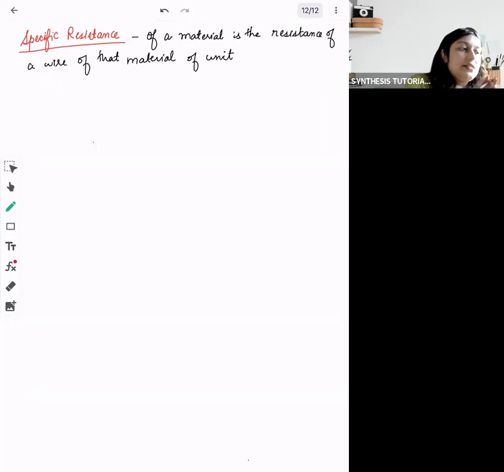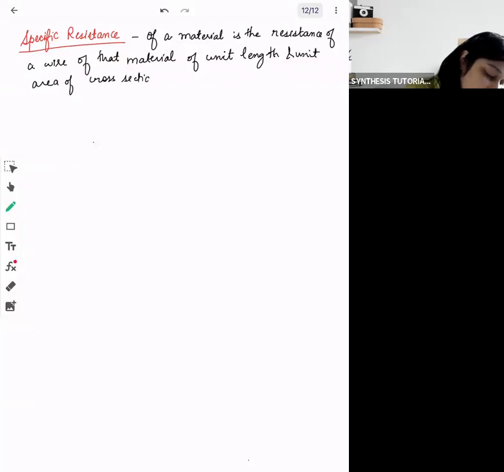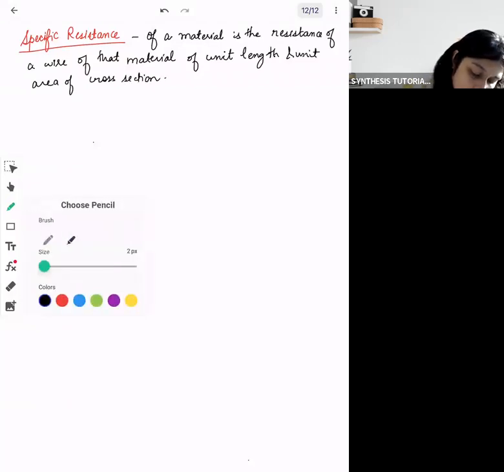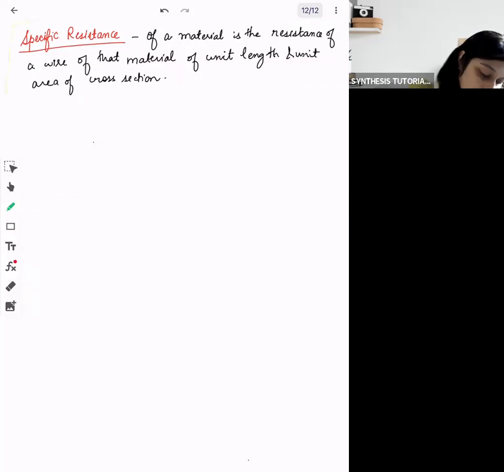So specific resistance is the resistance of that material of unit length and unit area of cross section. That's all. So actually its definition is quite easy, okay? So this is your definition.